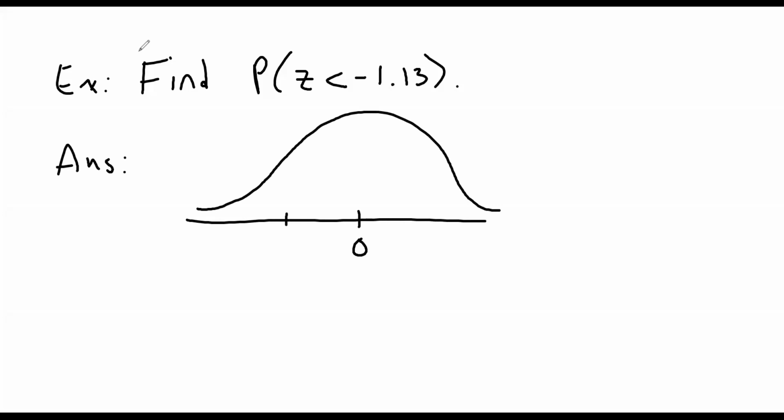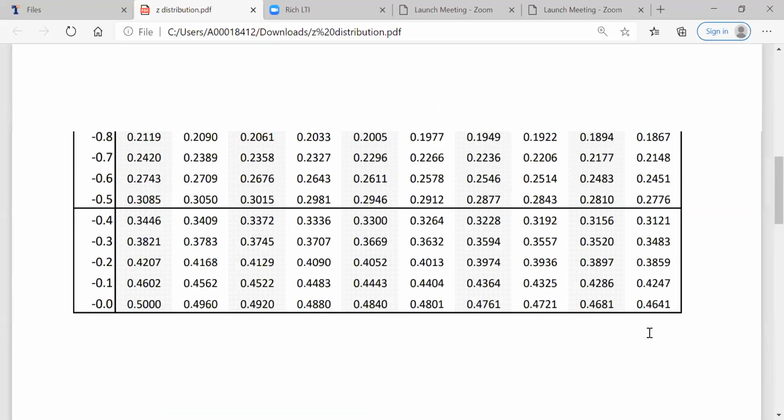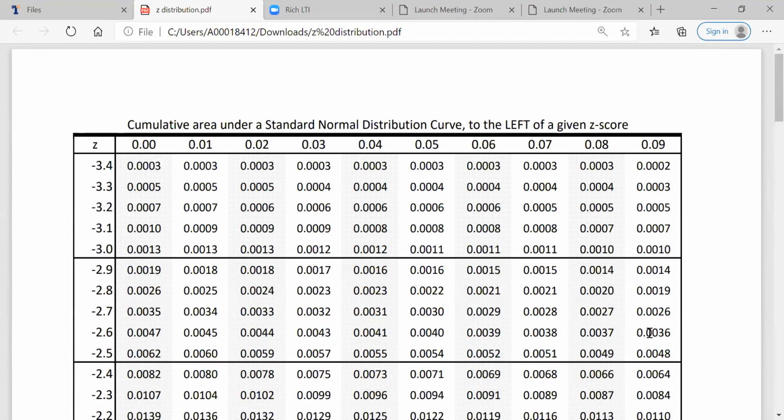So negative 1.13 is somewhere to the left, and to find the probability that we are less than that number, we need to find the area to the left of it. So all we have to do is locate negative 1.13 in our Z chart, and that will tell us our left area. Remember, in the Z chart, the numbers on the inside do represent left areas.